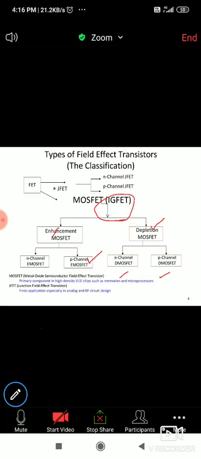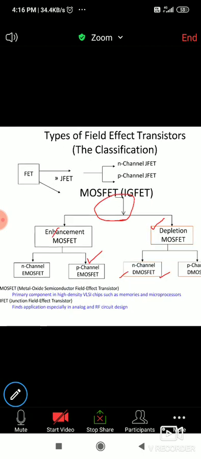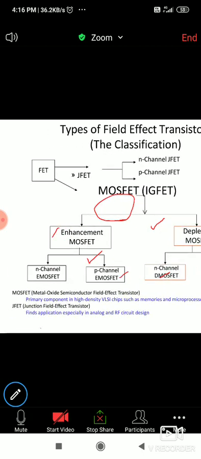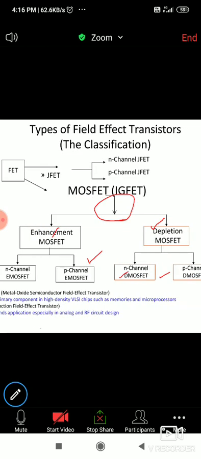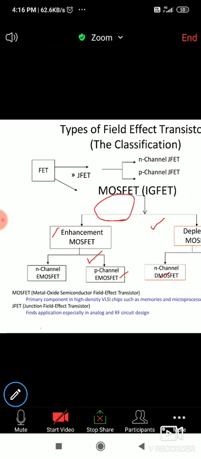That's why we are using MOSFET, the primary component in high density VLSI chips such as memories and microprocessors. And JFET finds application especially in analog and RF circuit design, radio frequency circuit design. And MOSFET is again PMOS, NMOS, and advanced CMOS, complementary MOSFET.